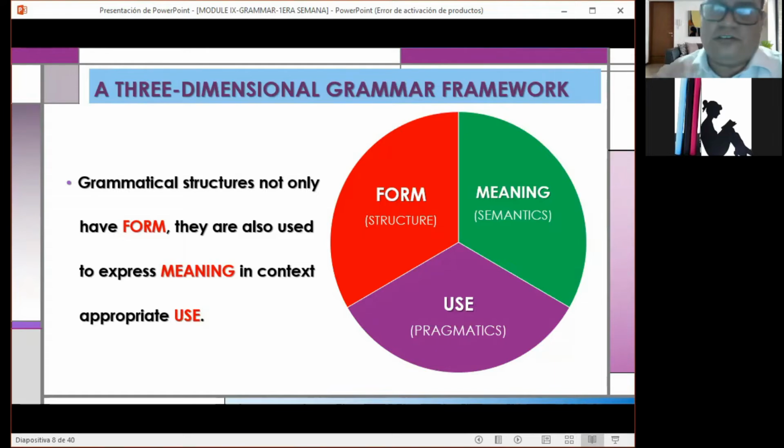Yeah, let me refresh your mind. Maybe you forgot, because I remember that I told you the definition of pragmatics. It says how we use the language.